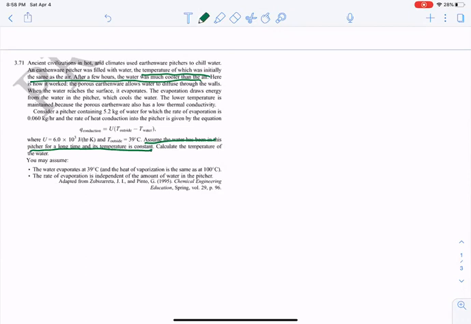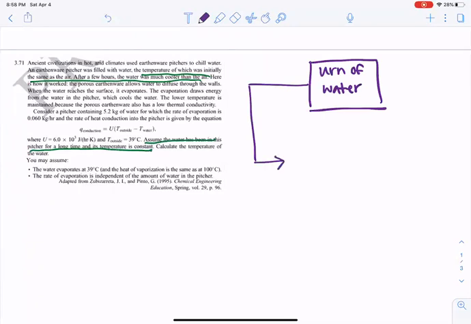So if you wanted to try to draw a process flow diagram of this, probably what you would do is you would have this large urn of water. You would have 0.06 kilograms per hour of water at T water, which we're going to solve for.